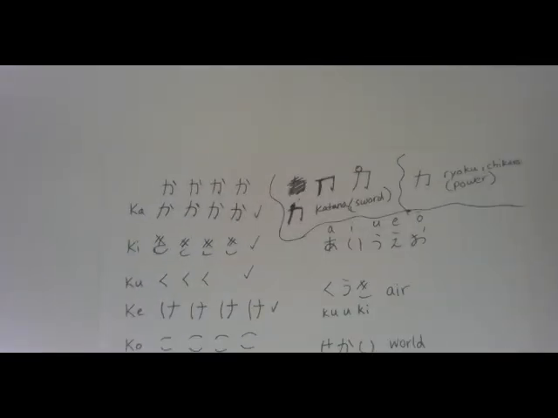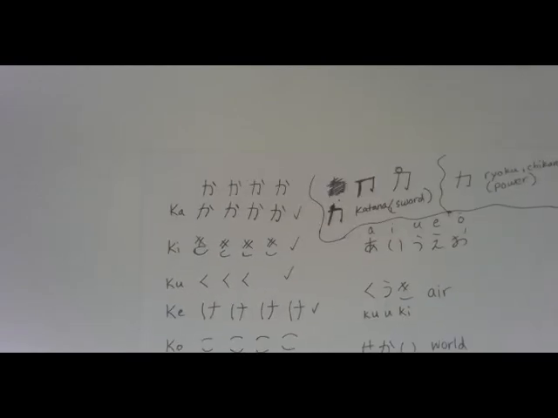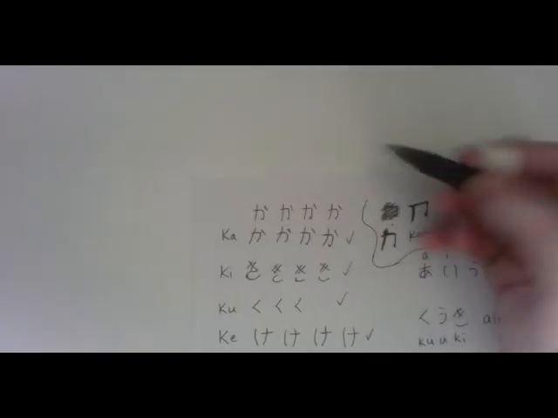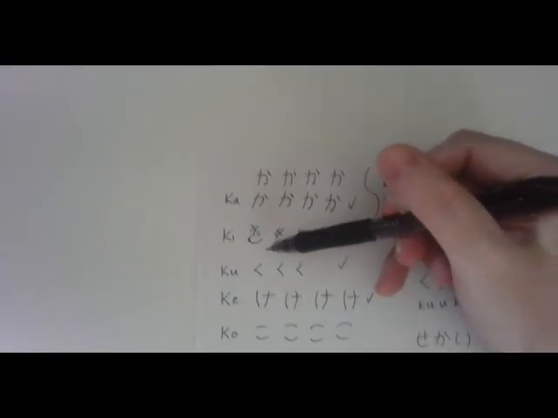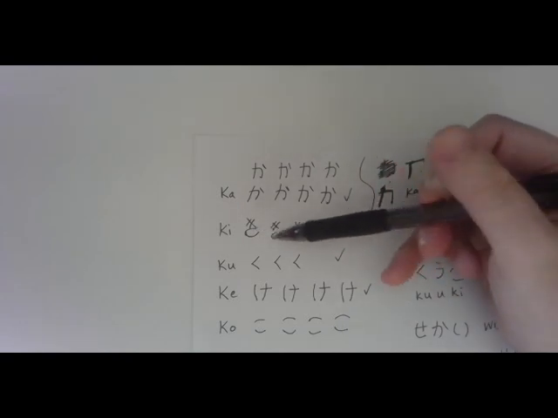Alright, the next one is ki. It kind of looks like a key, if you think about it, or if you can imagine it really hard. Sometimes you might see this part connected to the top, but you don't really need to.